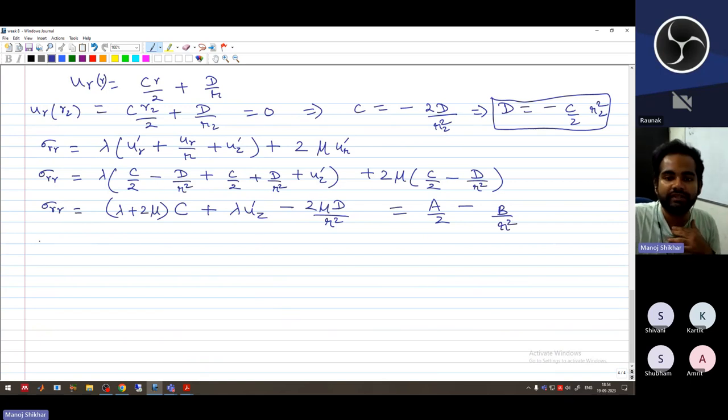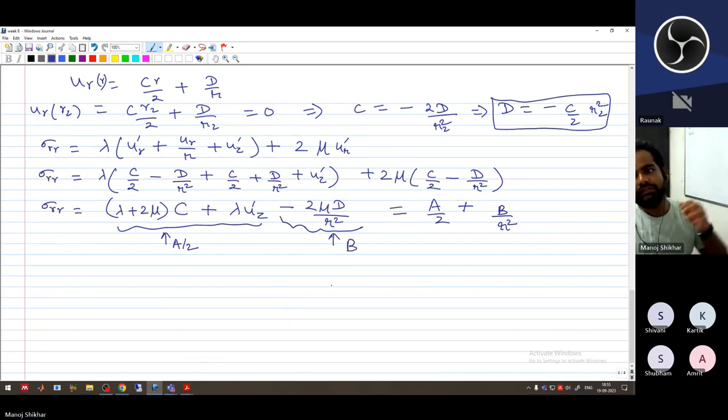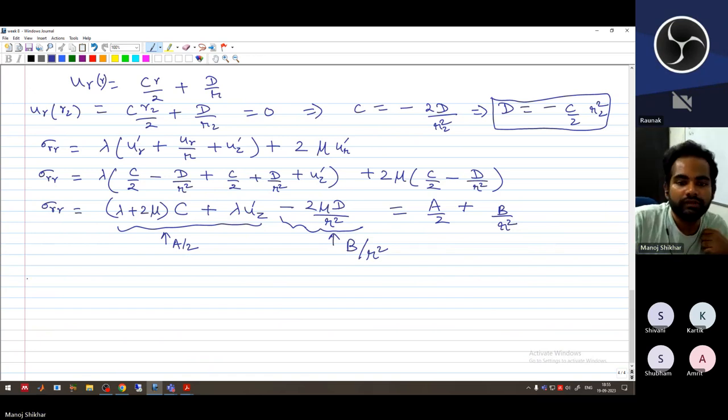So from these two expressions, we can find the relation between A and C. This is A by 2, and this term, sorry, it should be A plus B R square, this whole term with negative sign is B by R square.